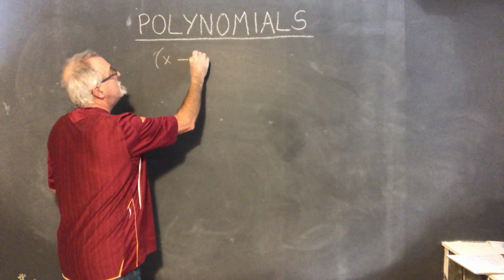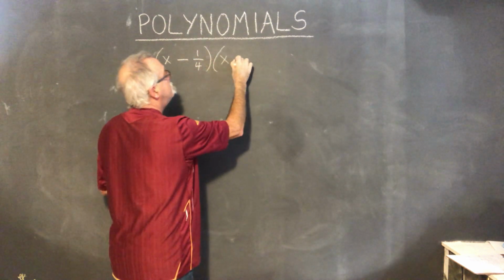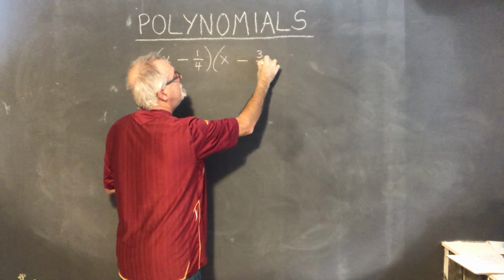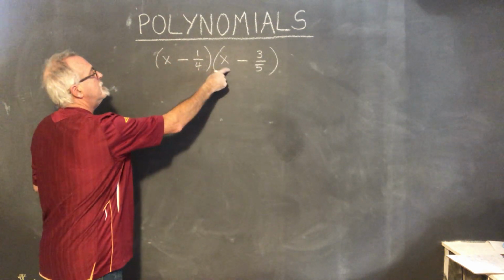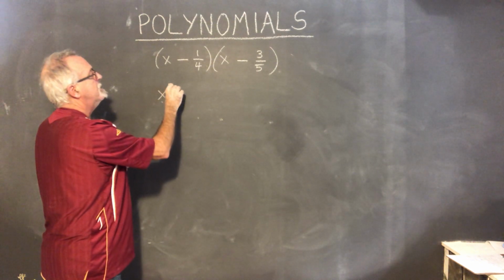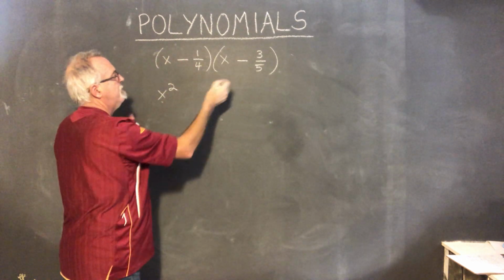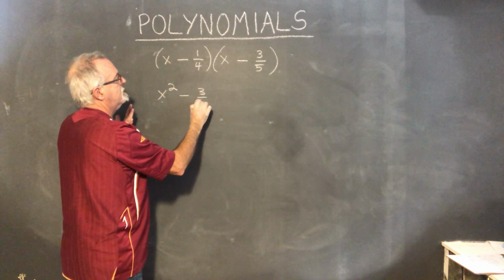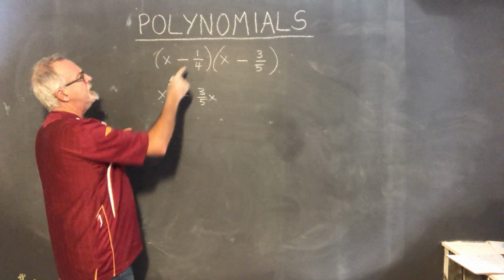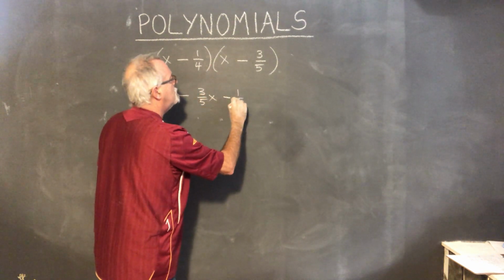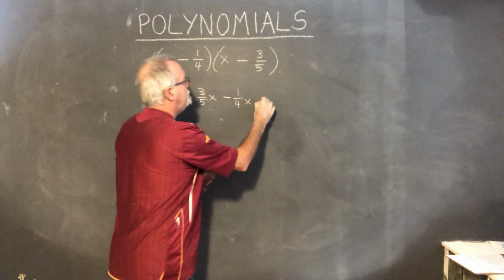X minus a quarter times x minus 3/5. First times first, x times x, x squared. Outside times outside, x times negative 3/5, minus 3/5 x. Inside times inside, negative a quarter times x, that's minus 1/4 x. Finally, last times last, negative times negative is a positive.